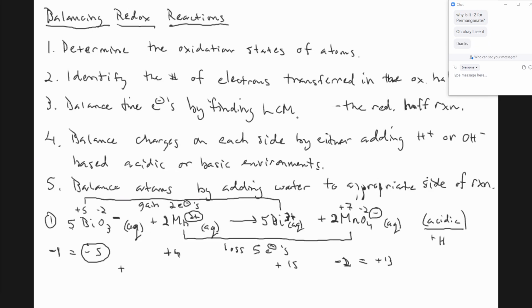So now that we have that, we're going to add, a bunch of people said in messages, 14 hydrogens to the left side. So let's rewrite our problem.